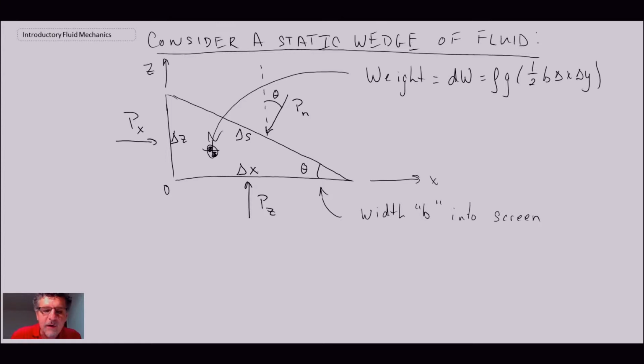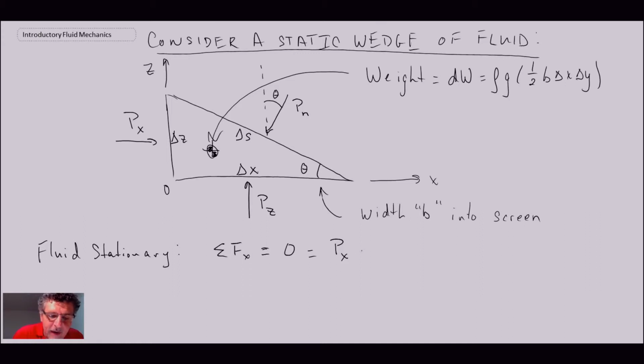So what we're going to do, we're going to examine the pressure distribution. Essentially what we're going to do is a force balance in the X and in the Z direction. But to begin with, if we look at the fluid as being stationary, which we said it was, and if we sum forces in the X direction, if the fluid is stationary, the fluid's not moving, so we say this is 0. And that's going to be the pressure on the X surface multiplied by the area.